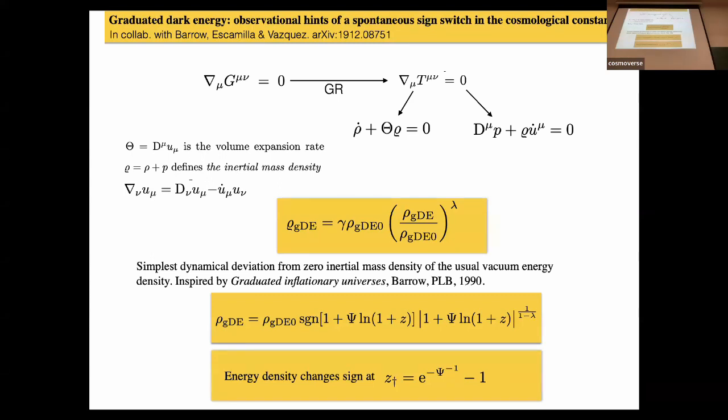So this is basically Newton's second law of motion. If you have a gradient in pressure, it is like a force, so you get acceleration, and rho plus p is the inertial mass density. The interesting thing is that the usual vacuum energy density of quantum field theory is exactly equal to 0.